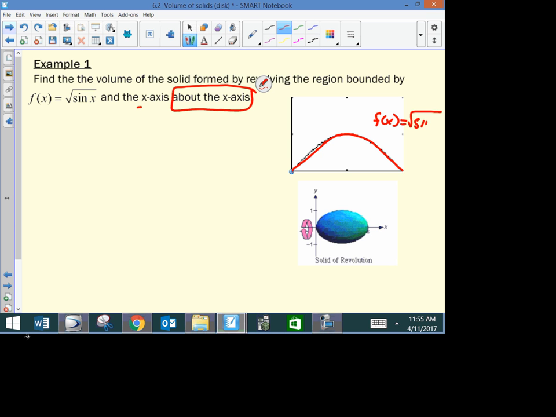So this is f of x equals radical sine of x. This is what you would create using your calculator like before when we were doing area.